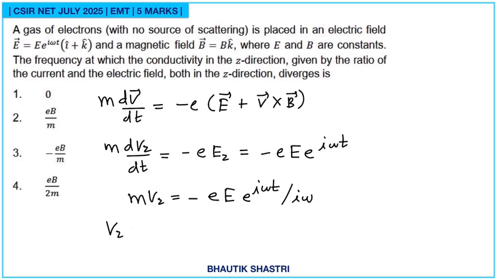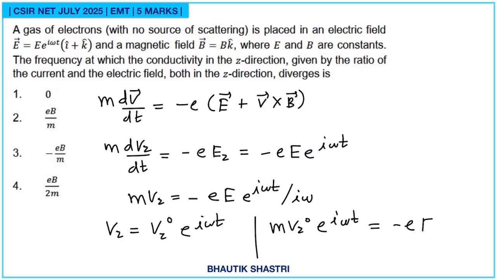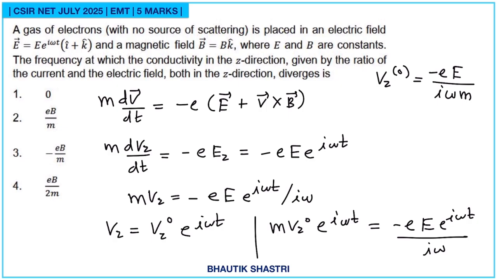Let us assume vz is equal to some vz0 into e raised to i omega t. In that case, we'll have m vz0 e raised to i omega t is equal to minus e raised to i omega t upon i omega, and finally you'll get vz0 is equal to minus e upon i omega m, which is equal to ie upon omega m.